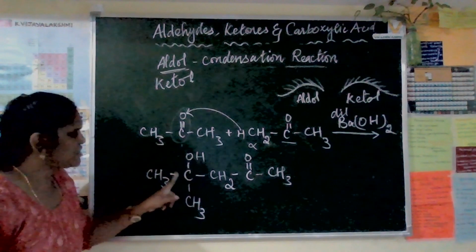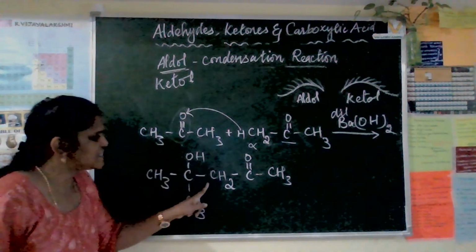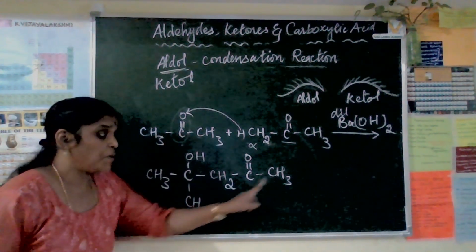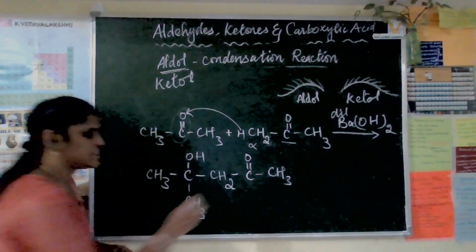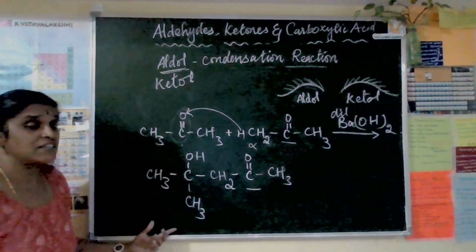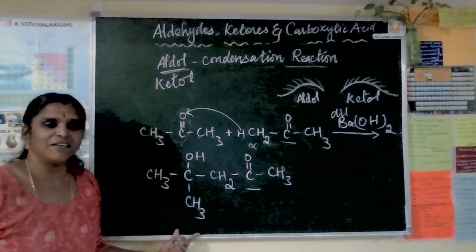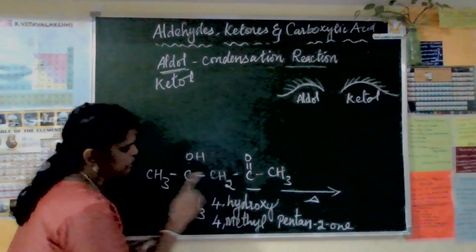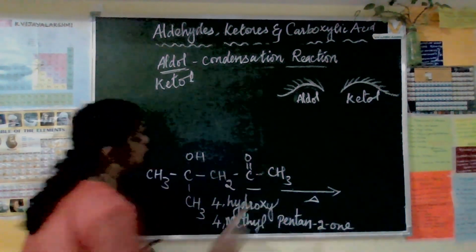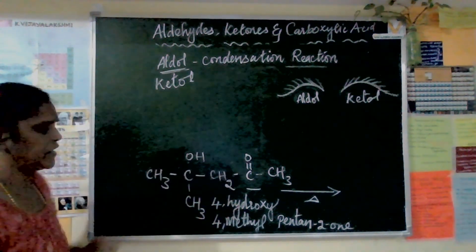So CH3, COH, CH3, CH2, C double bond O, CH3. Now where is the functional group? This is the functional group. Now what is the name? Can you tell me? Here it is 4 hydroxy, 4 methyl, pent 2 one, because the double bond O is there.